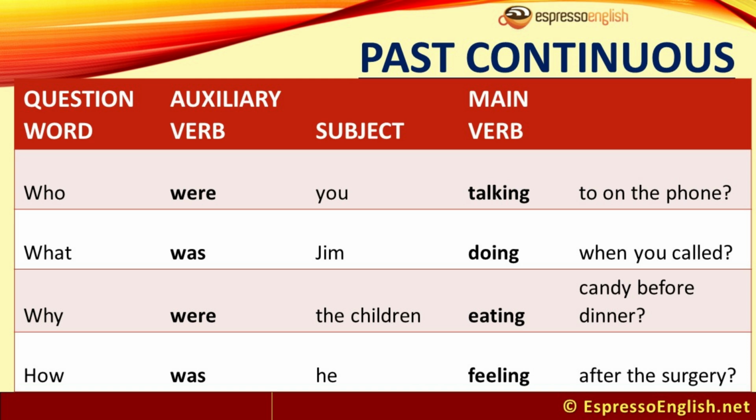Why were the children eating candy before dinner? How was he feeling after the surgery? So in the past continuous, the auxiliary verb is were for subjects you, we, and they, or was for subjects he, she, it, and I. And the main verb is in the ing form because this is a continuous tense.